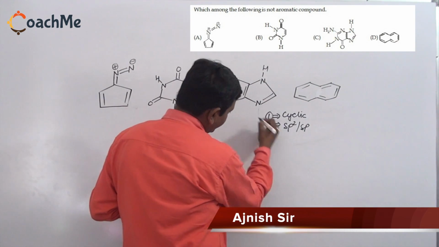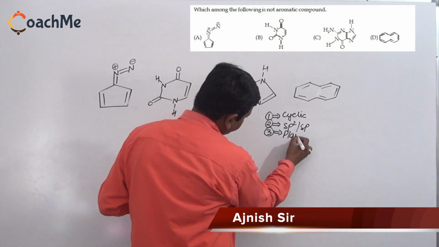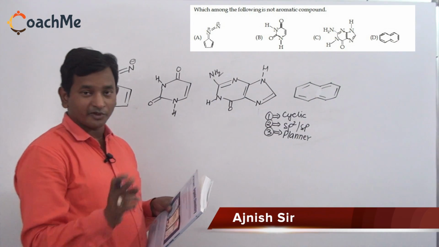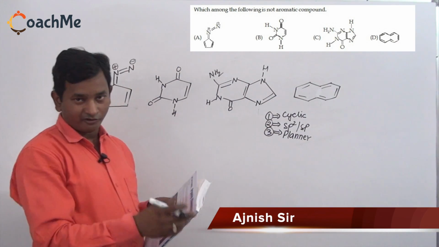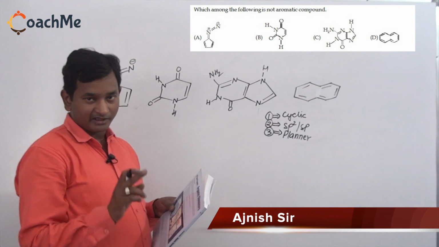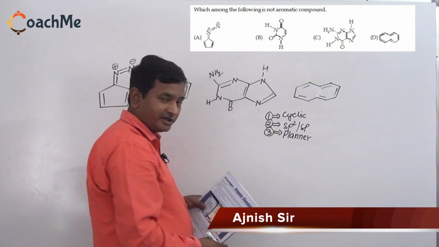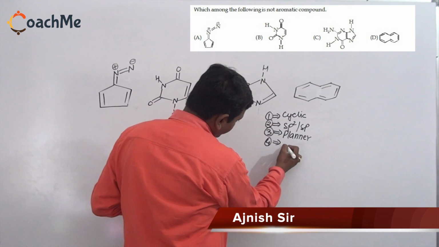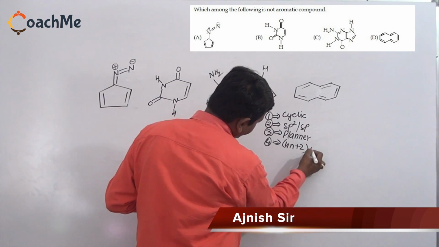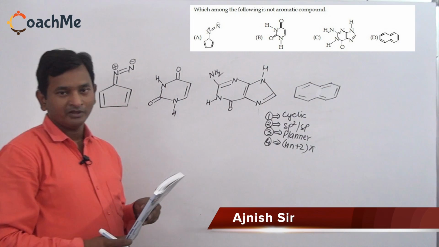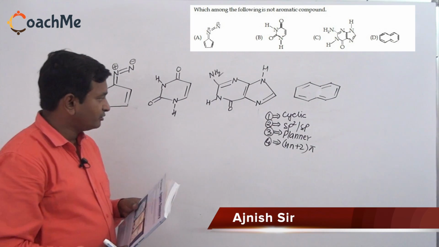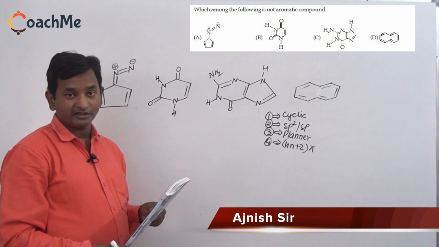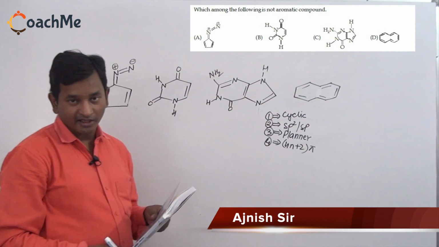Third, the molecule as a whole must be planar or nearly planar. And for poly rings, at least 1 ring must follow these 3 conditions. Fourth, the total number of pi electrons in the ring must be 4n plus 2. If any molecule fulfills all these 4 conditions, then only we can say that such molecules are aromatic in nature.